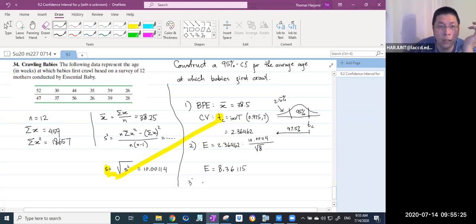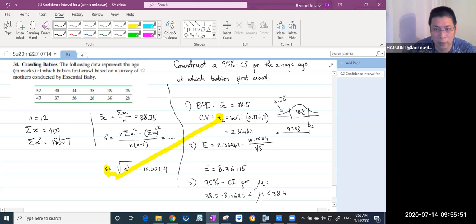Therefore, my 95% confidence interval for the average age at which babies first crawl is 38.5 minus 8.36115 less than mu less than 38.5 plus 8.36115.